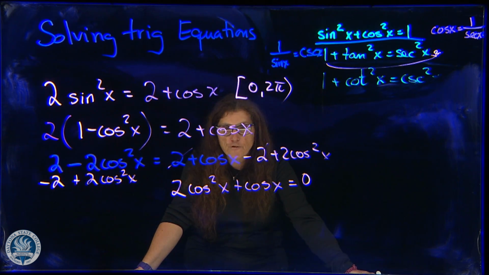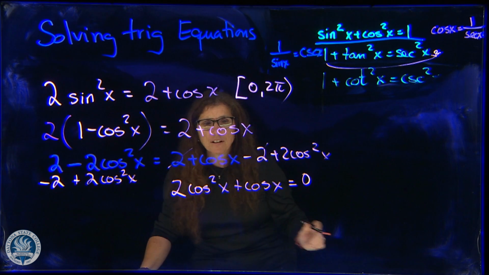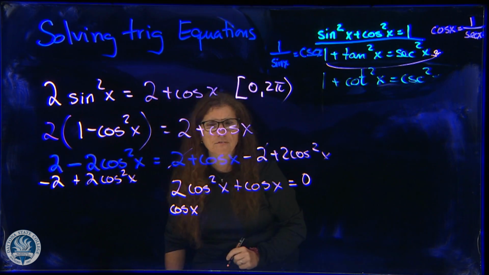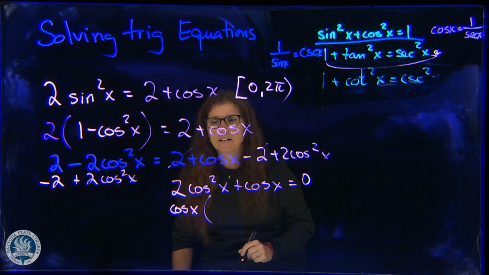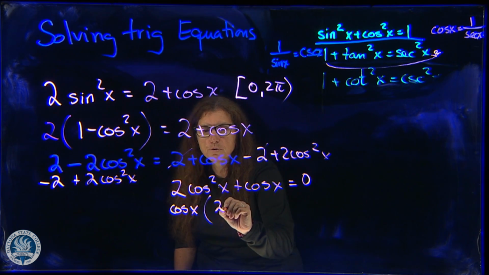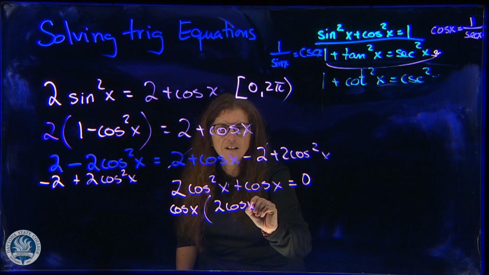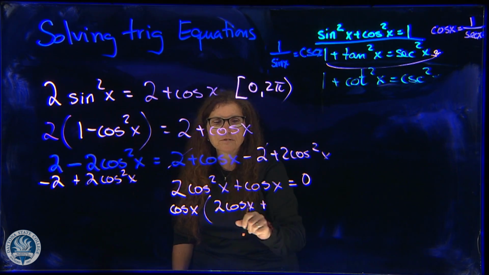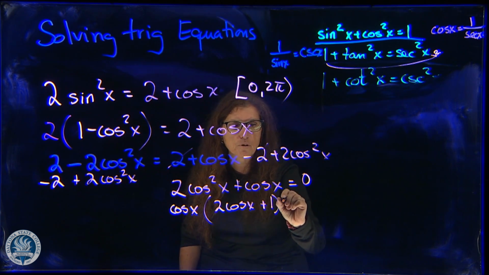And factoring would be the method of choice here. We factor out the greatest common factor. The greatest common factor is the cosine of x. And then I have left 2 cosine of x plus, don't forget, if you divide the cosine into the cosine, that is a 1.